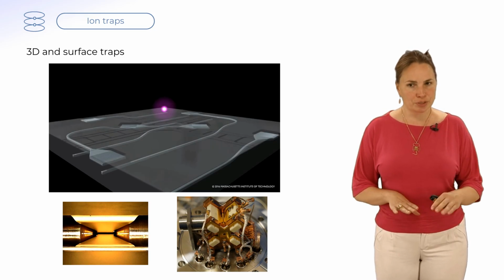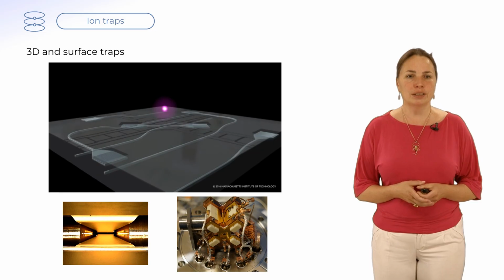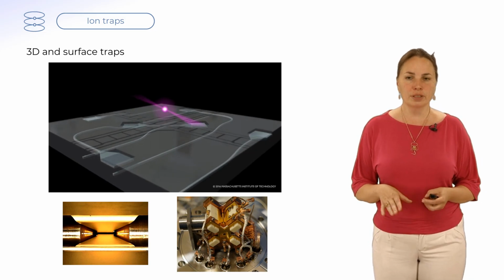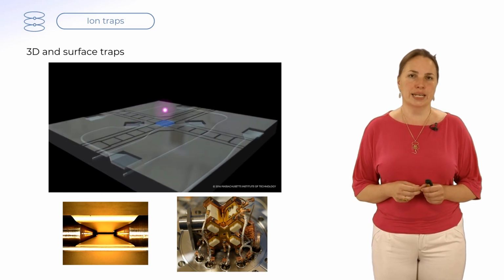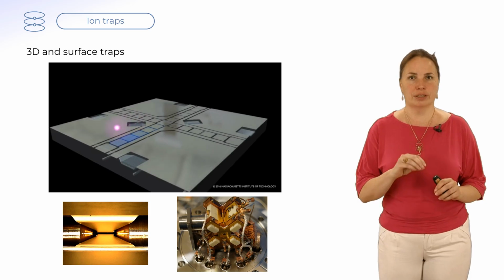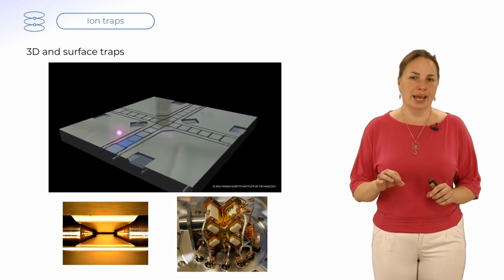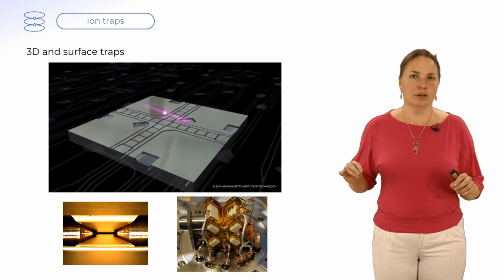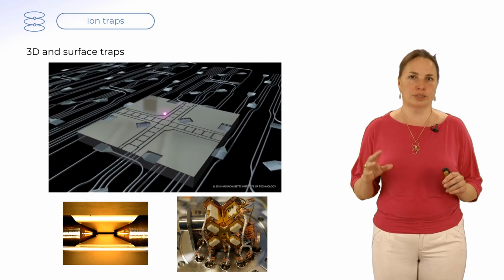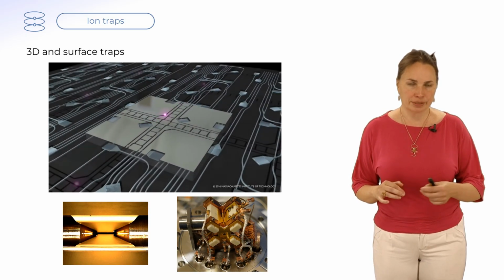Otherwise, we can use a surface trap, and let's have a look at another video. So as you can see, the ion flies under the surface trap, and one can control its position with electric fields.